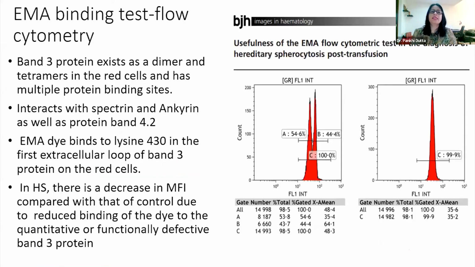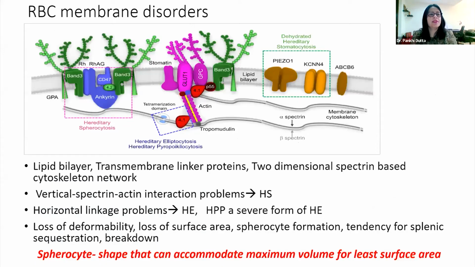We have, fortunately, some better tests. One is the EMA or eosin 5' maleimide binding test. If you go back, you'll see that band 3 is an important structure in this vertical linkage.